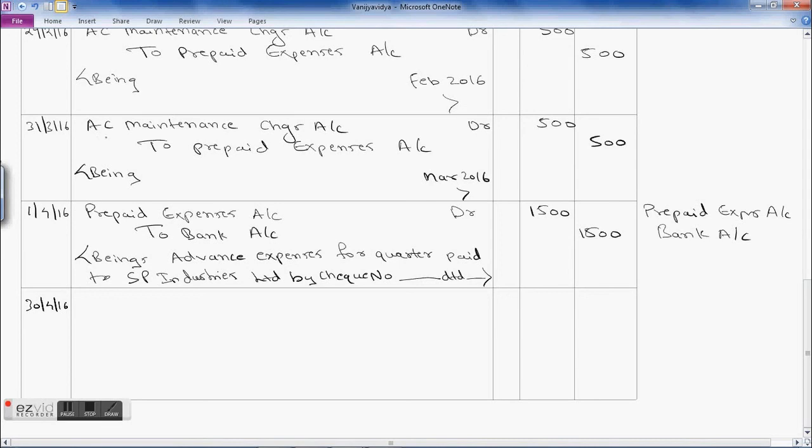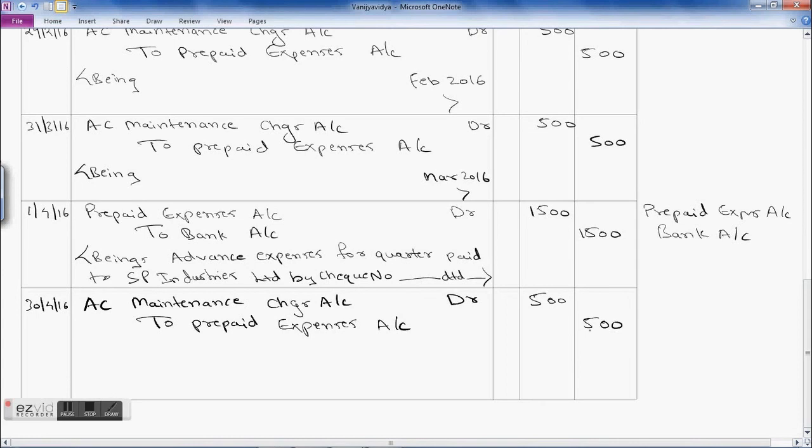So the similar entry: AC maintenance charges account debit to prepaid expenses account. Okay, and the narration will be the same, right, for the month of April 2016.